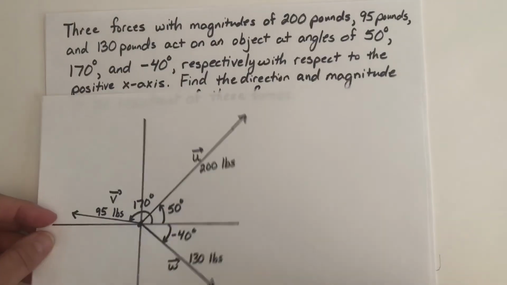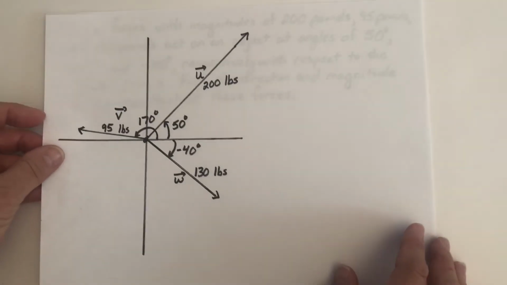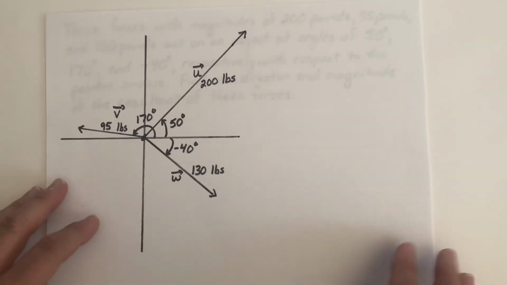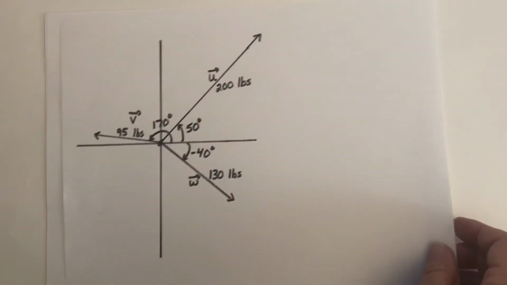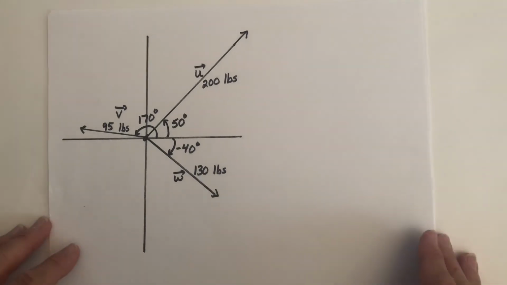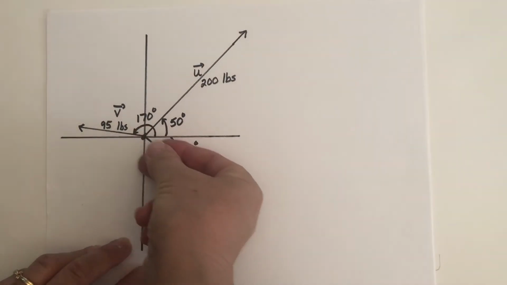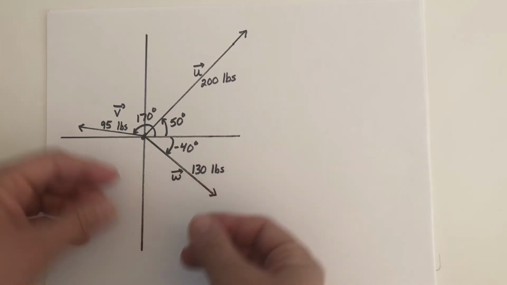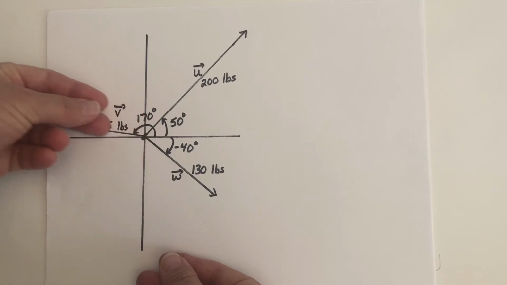And finally, the third force was 130 pounds and an angle of negative 40 degrees. So consider these 3 forces acting on an object. So what's the result? Can you envision what would happen? We have one large force this direction, another relatively large force this direction, but it's being held back or pulled this way by another force acting in this direction.